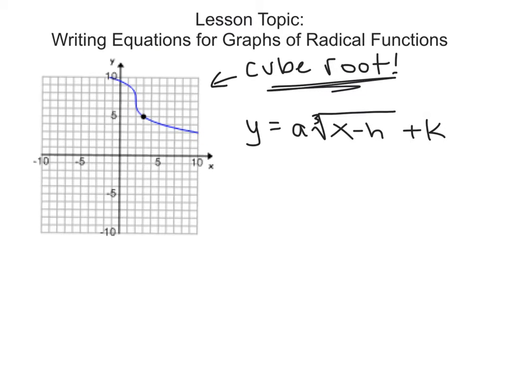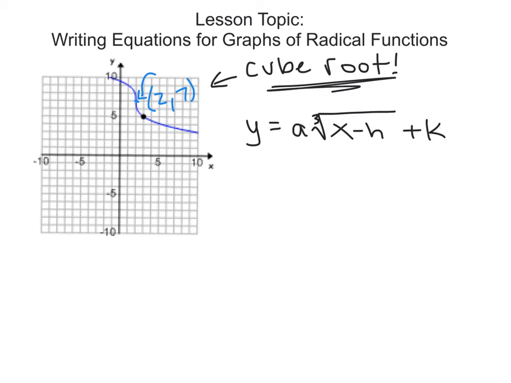So where is that inflection point? Well, it's right in the middle of what looks kind of like a vertical situation right here. So this is at 2, 7. We can write that down as our inflection point, and that's going to go in for our h and k.